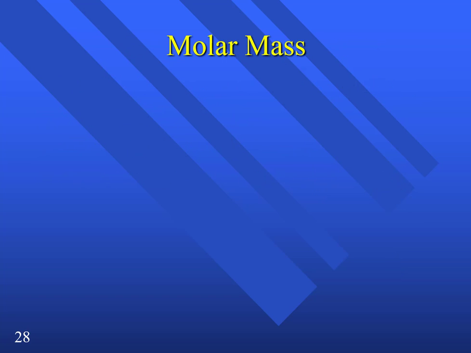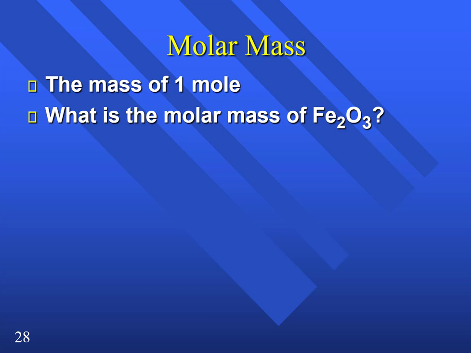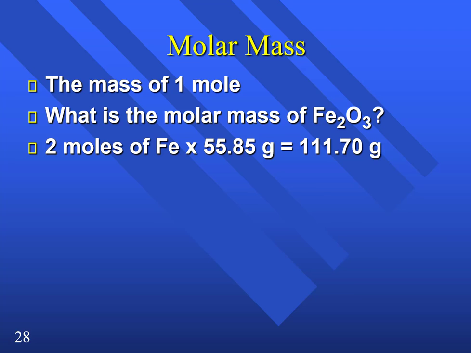One last one, just so I make sure. So what is the molar mass of Fe2O3? Iron 3 oxide. Well, I look up Fe on the periodic table. It's 55.85, and I have to worry about 2 of them. So 2 Fe's times 55.85 grams is 111.70 grams.